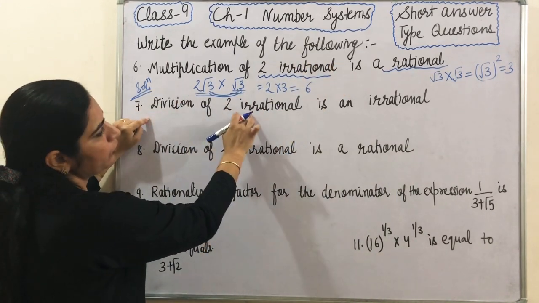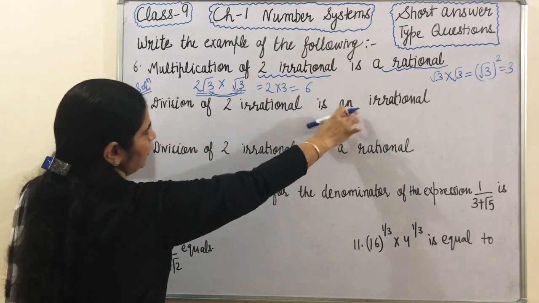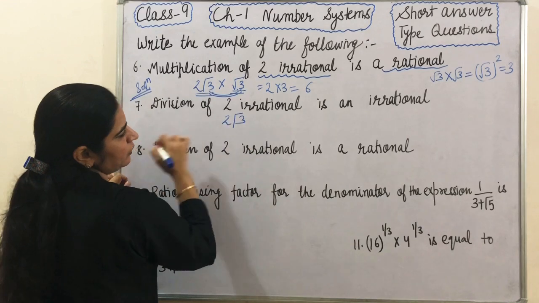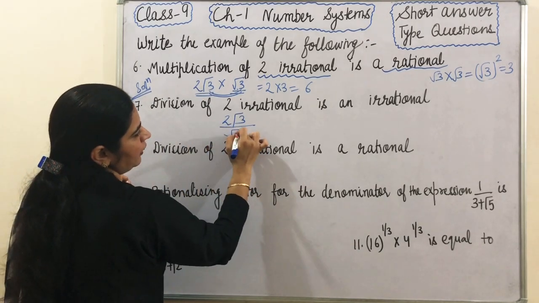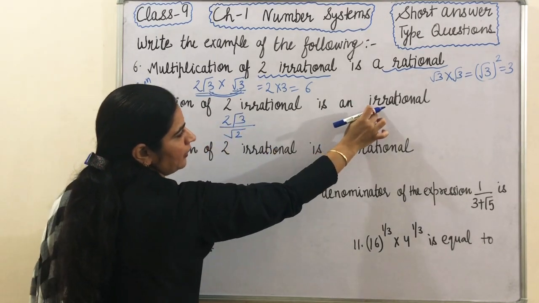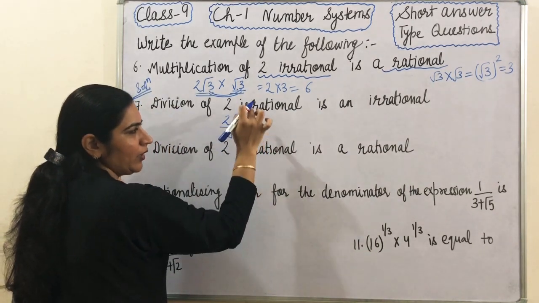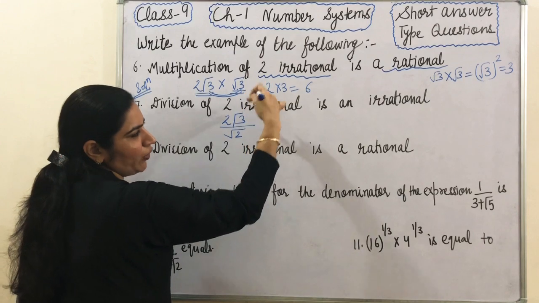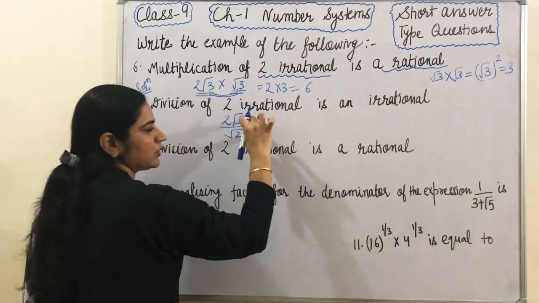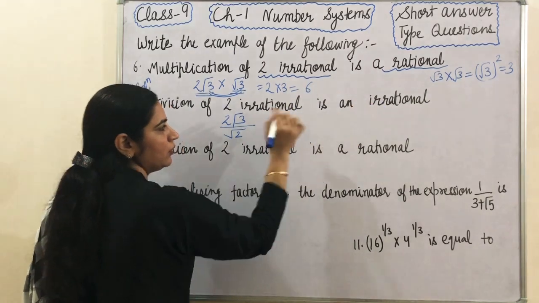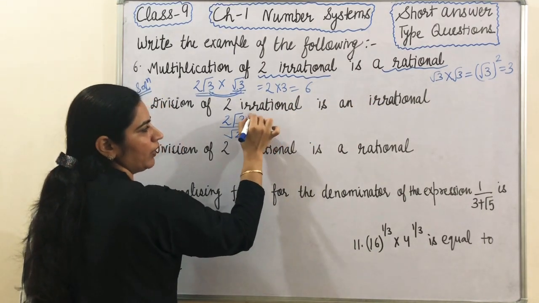Next, division of two irrationals is an irrational number. Here we have to take two irrationals in such a way that the answer is an irrational. So different irrationals are required. If the requirement of the question is rational, then the same irrational number; if the requirement is irrational, then we have to take different irrational numbers.